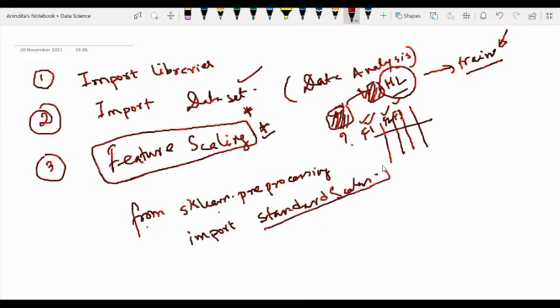So this is the standard scaler concept, which is used for feature scaling. Standard scaler is nothing but a function that we have to call. So basically we will take some variable, and using this variable we will just call the StandardScaler function, right?